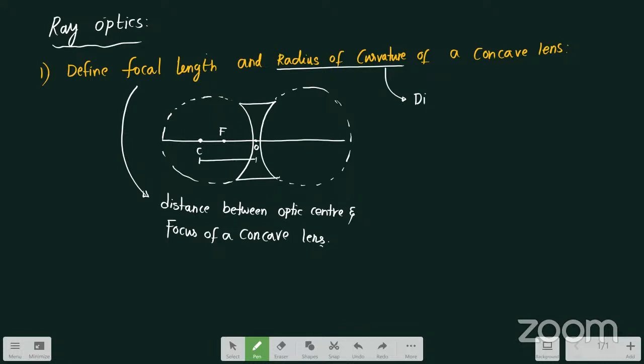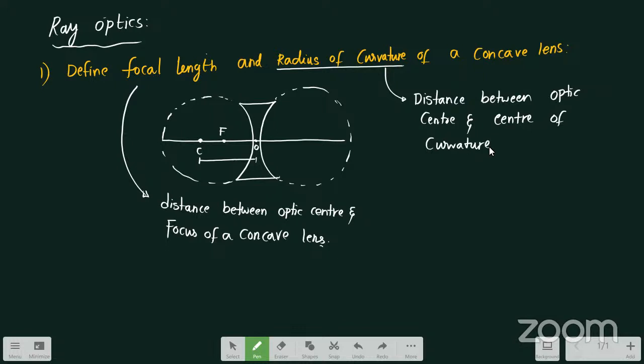Distance between optic center and center of curvature is called radius of curvature.